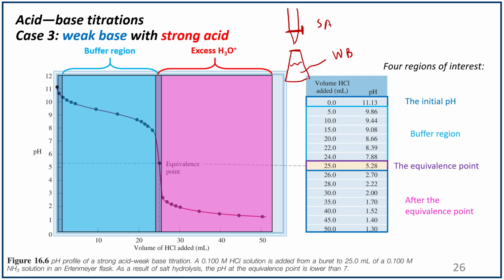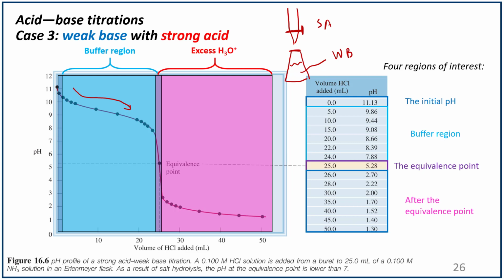As we add hydrochloric acid into the solution in the Erlenmeyer flask, the hydronium ions from hydrochloric acid are being consumed by the ammonia in order to produce the ammonium ions, which is acidic.